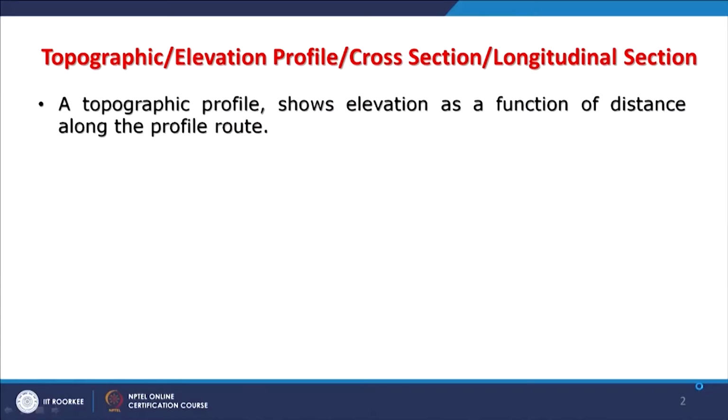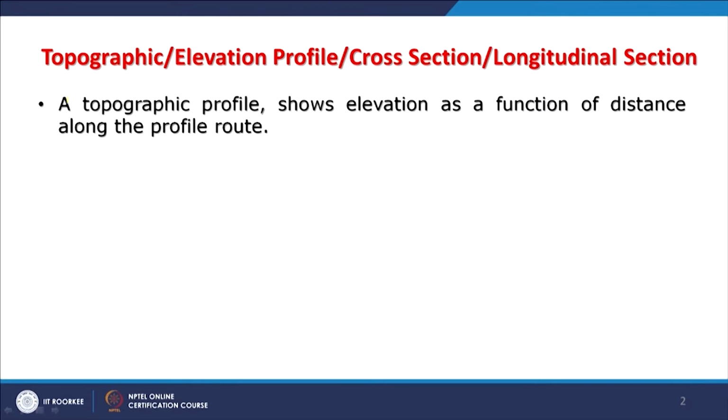Different software and different literature or books use different terminology, so I have put all four terminologies: topographic profile, elevation profile, cross section or longitudinal section. They basically mean the same thing, picking the elevation values along a line and creating a 2D plot or 2D profile.